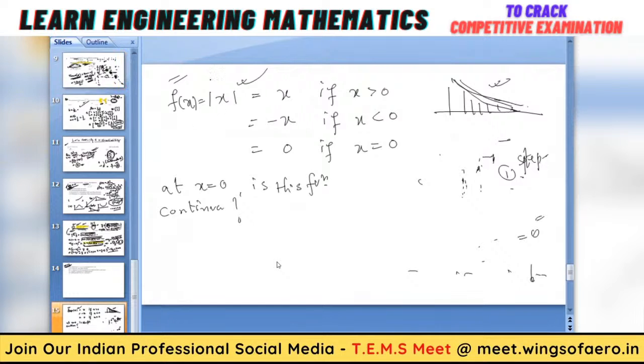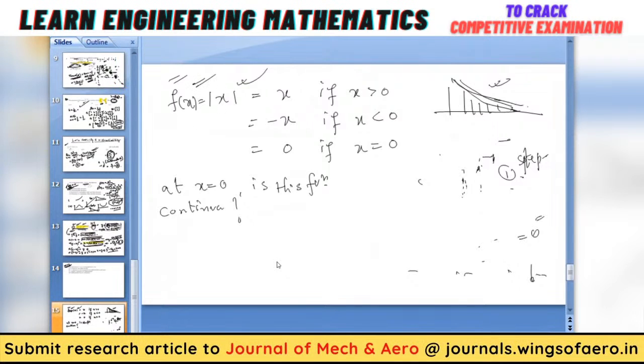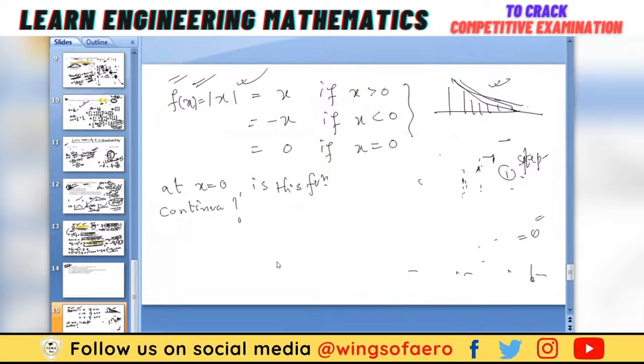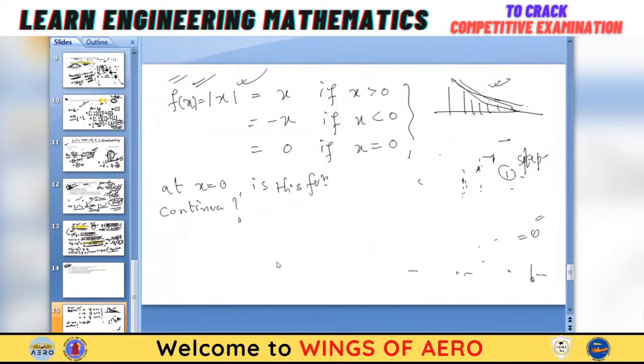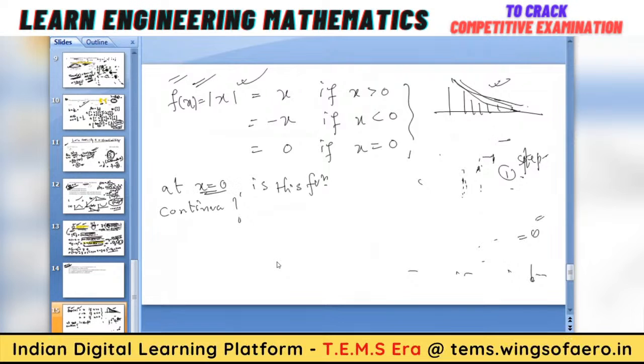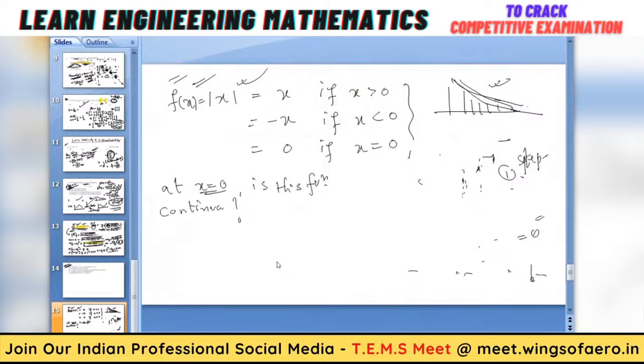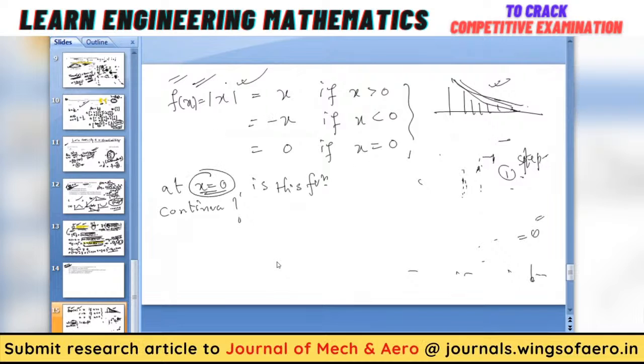Suppose this graph is given to you, mod x, and already the definition of the function is given: minus x when x is less than 0, and equal to 0 when x equals 0. Now remember continuity, discontinuity, differentiability. You can check at a single point, that is, at x equal to 0, whether the function mod x is continuous or discontinuous.